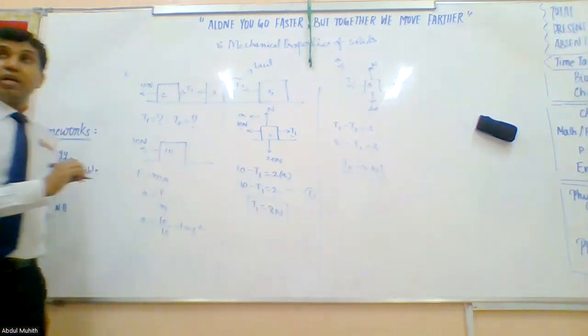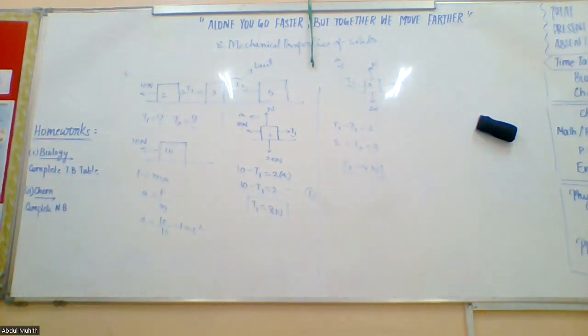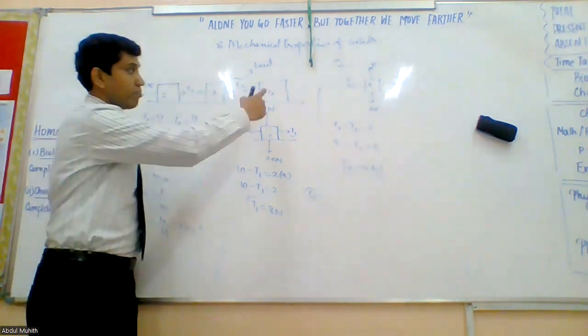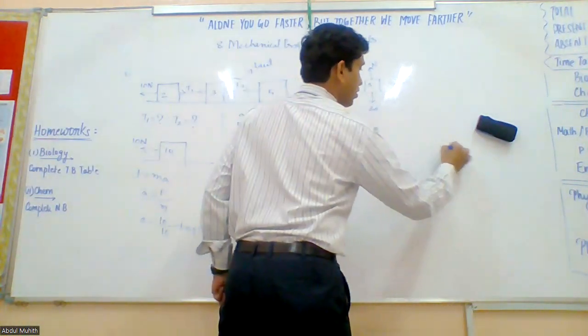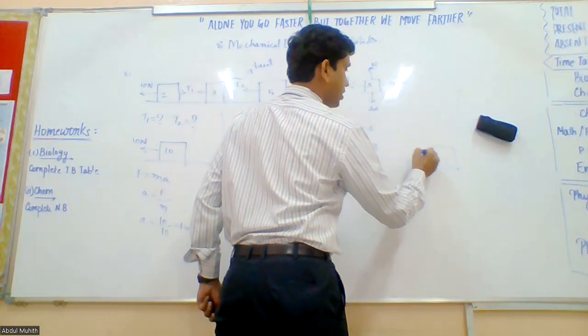Now, if you want to cross verify whether this is correct or not, what will we do? I want to cross check whether my answers are right or not. Then check with the third one. Here this is T2 only, right?